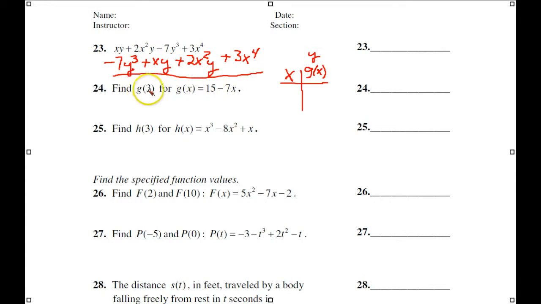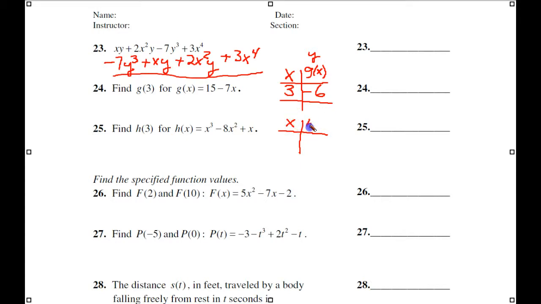So here they say if x is 3, what will y be, or this? So this is going to be a negative 7 times 3, a negative 21, plus 15. This will give us a negative 6. And then here again, you don't need to make a t-chart. I'm just trying to show you how to organize the data here.